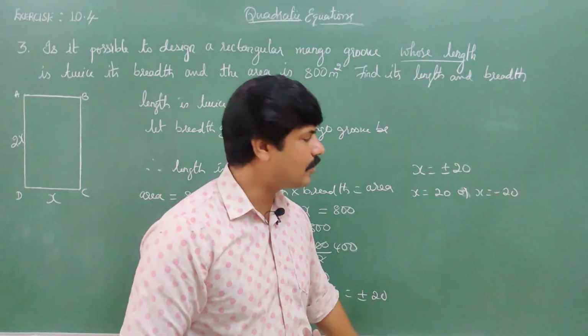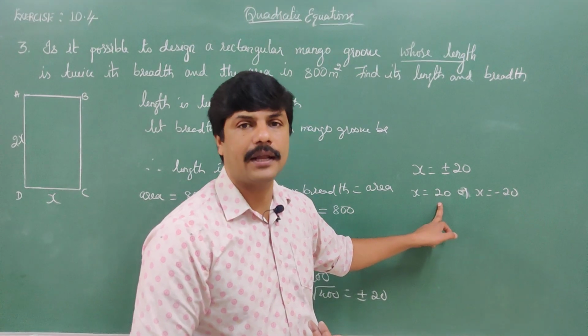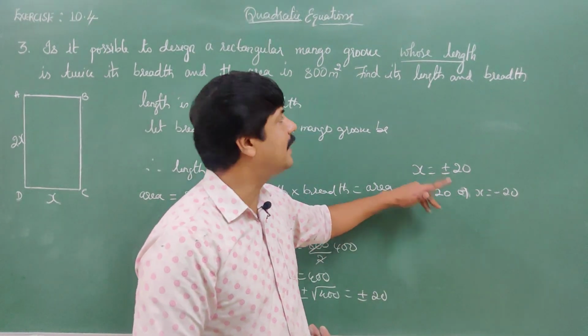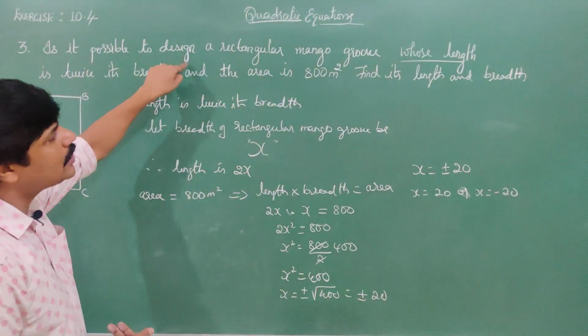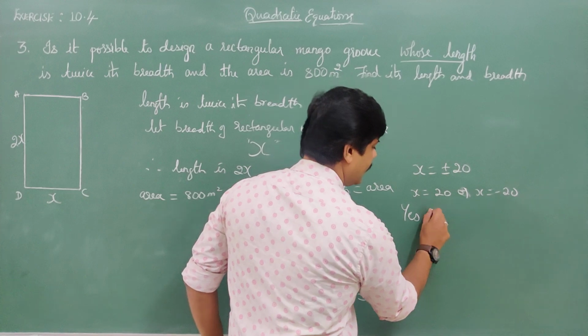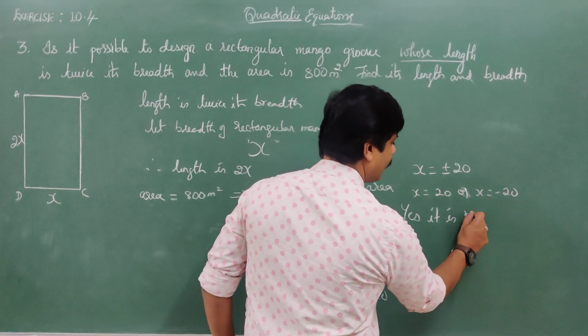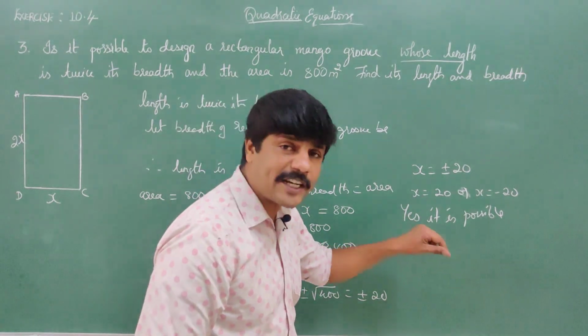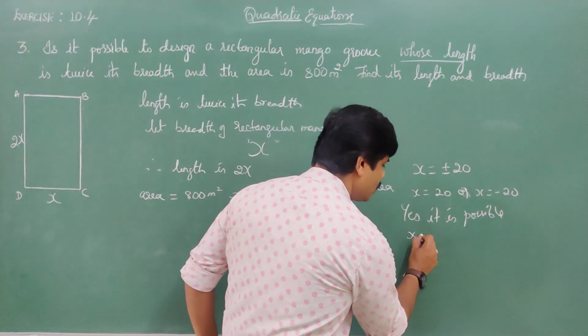That has no meaning at all. So we have to take plus 20. If we consider plus 20, is it possible to design a rectangular mango grove? Yes, it is possible.